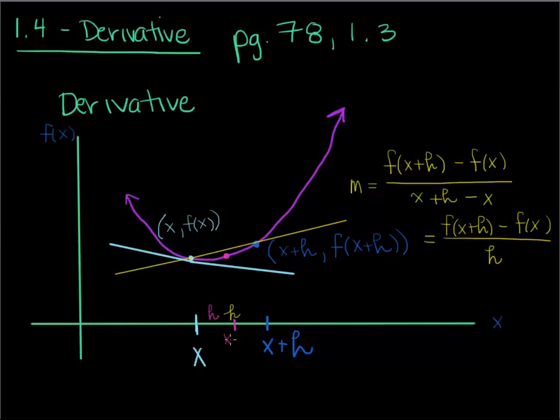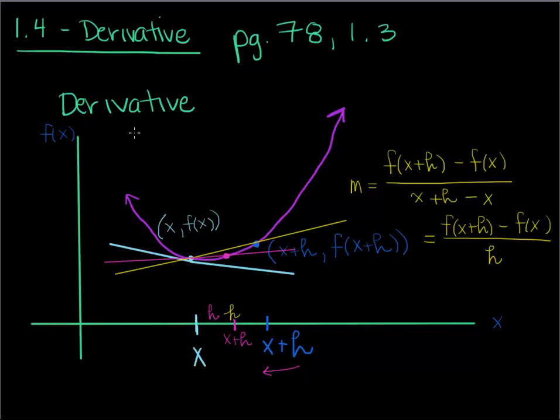So my new x plus h, I'm just going to take this x plus h and start moving it toward x. If I do that, look at what my line is now. This line is a lot closer to this blue line right here.